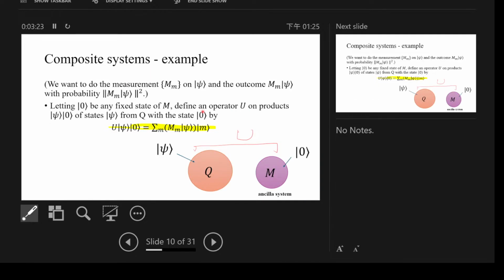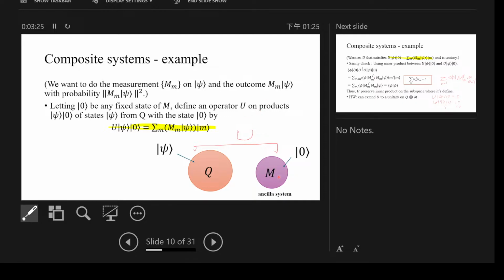So you do some unitary evolution U that depends on your measurement, and then you have an ancilla system, and you just do a computational basis measurement on this ancilla system. Then the end result on your original system Q will be just doing your generalized measurement with measurement operators big M sub small m.